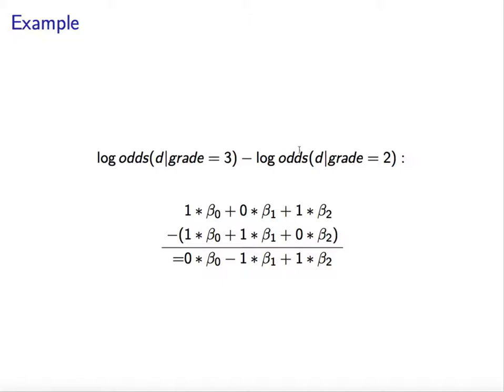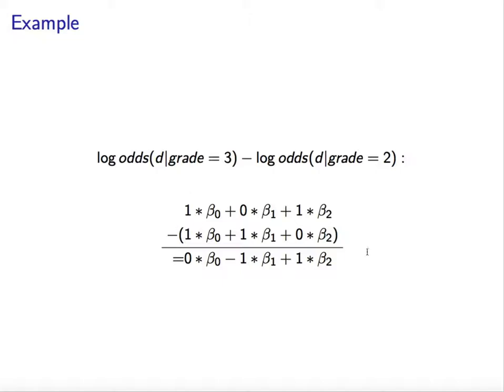And then we're going to subtract the log odds for grade 2 tumors, 1 times beta naught, that's our intercept again, plus 1 times beta 1, that's our grade 2 coefficient, so we're going to put a 1 there, and then plus 0 times beta 2, which is our grade equal to 3 estimate, and so we'll put a 0 there because this is the log odds for an individual with a grade 2 tumor.